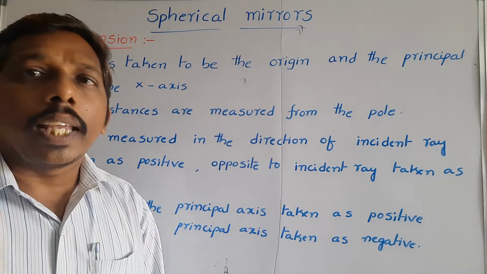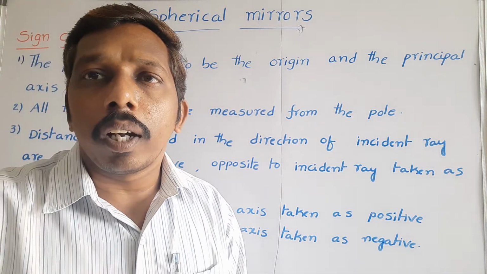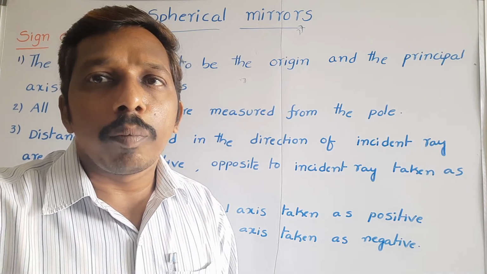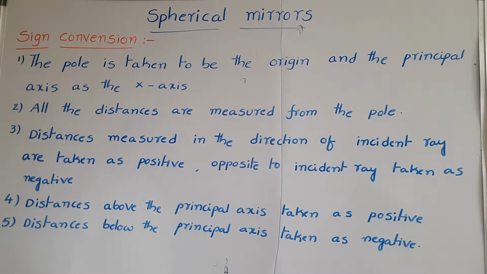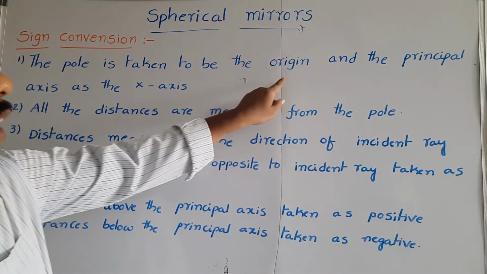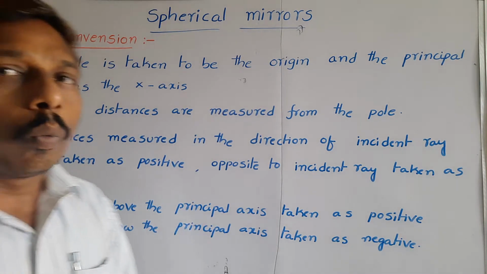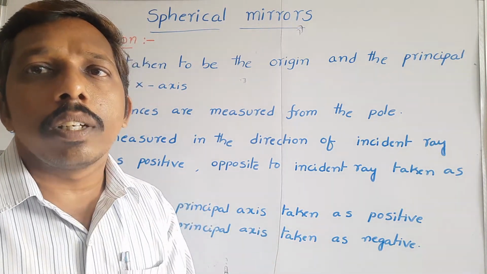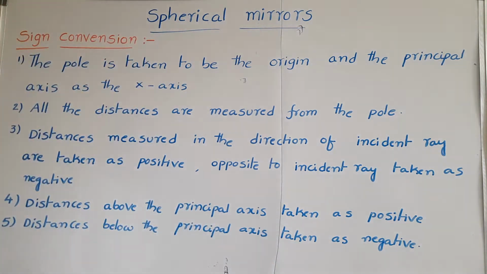This sign convention is applicable for both convex and concave mirrors. The pole is taken as the origin, which means we start from the origin, and the value at the origin is taken as 0. The principal axis is taken as the positive x-axis.